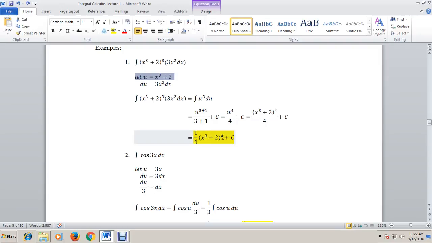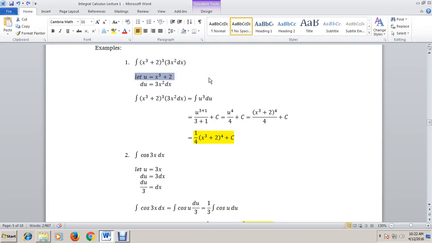Now, although this is somewhat simpler in terms of representing one expression of the original integrand in terms of the other, the difficulty here lies in which part of your integrand you will represent in terms of u.